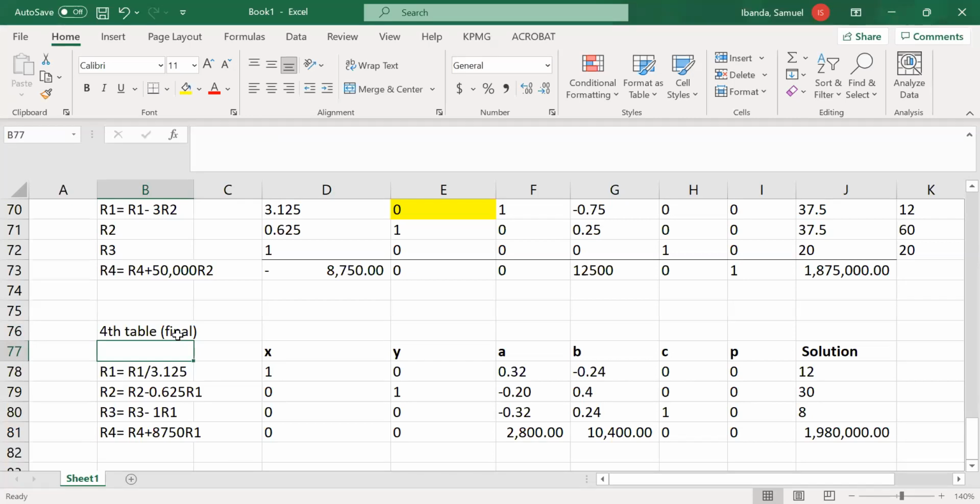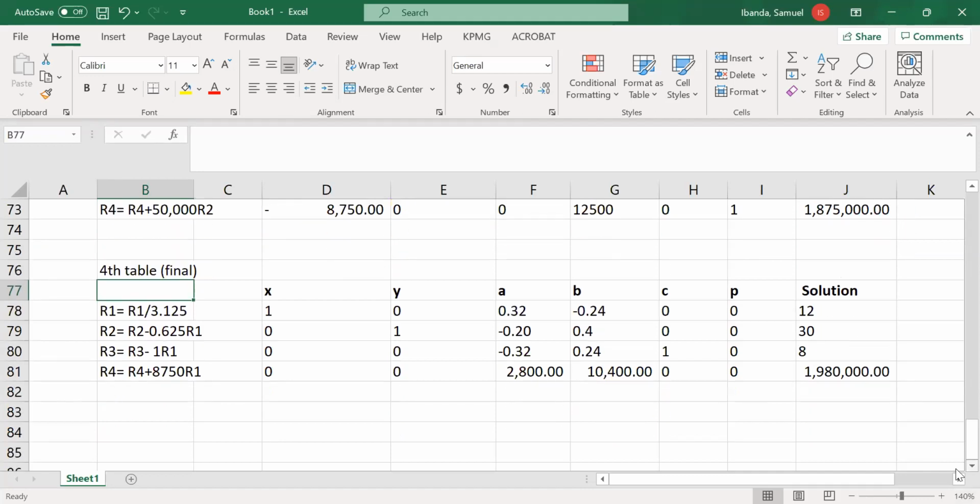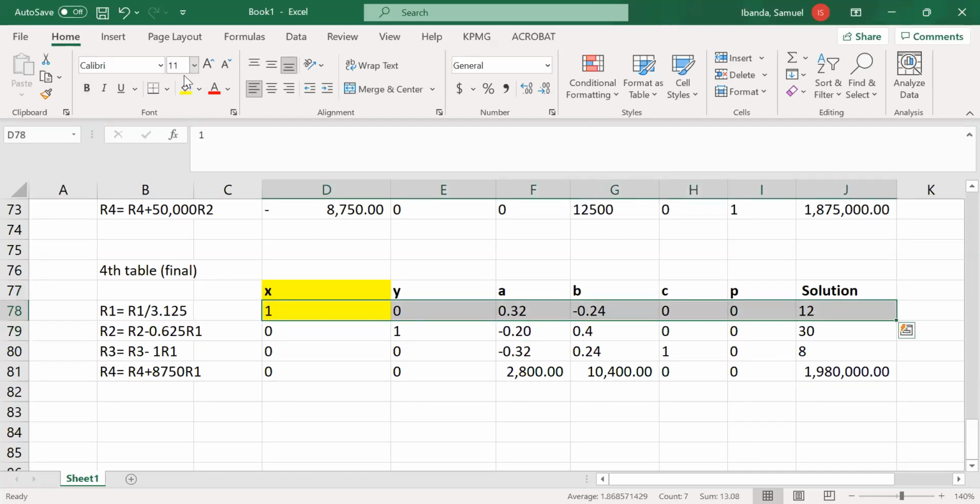So if that is the case, how do we read this information? Now, wherever you see X, when you see X, you come down and see where there is 1, and then move to the corner to the solution. That should be the value of X. Get here, do like this. Come to here, and then when you move to the other side, it gives you 12.